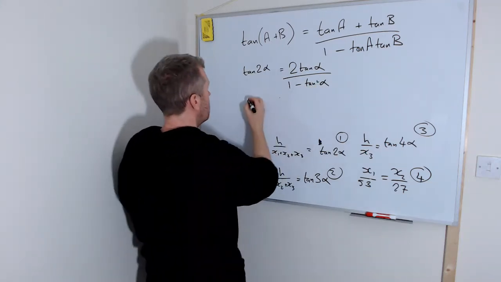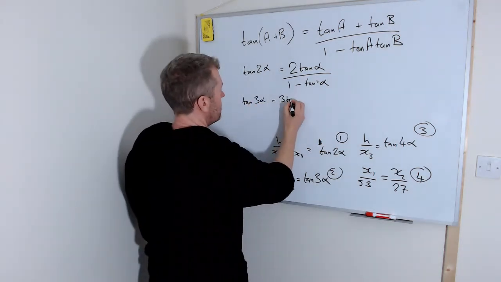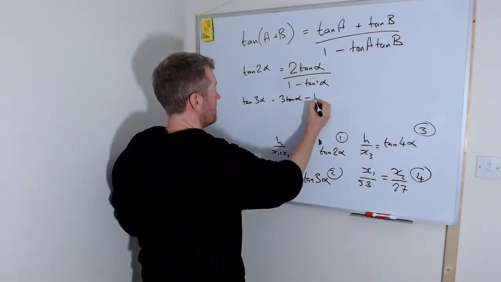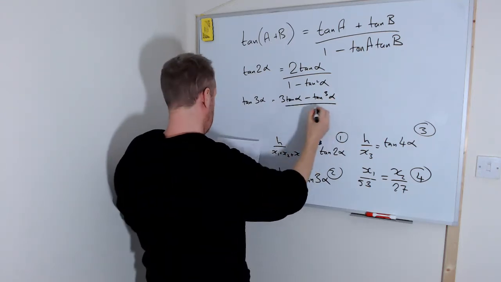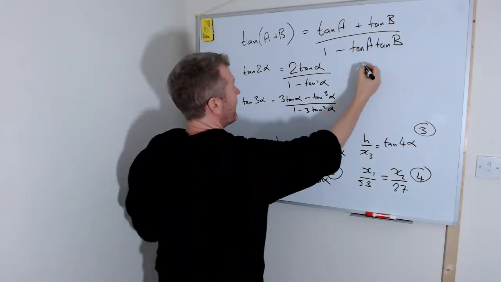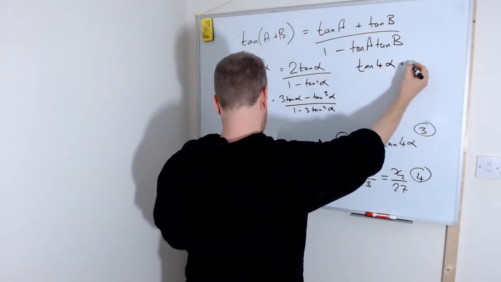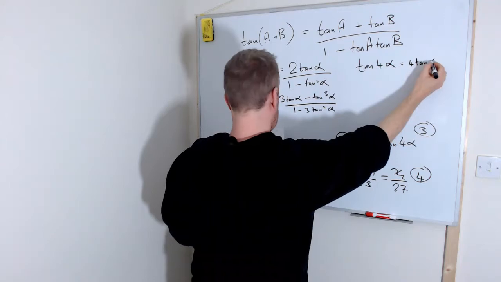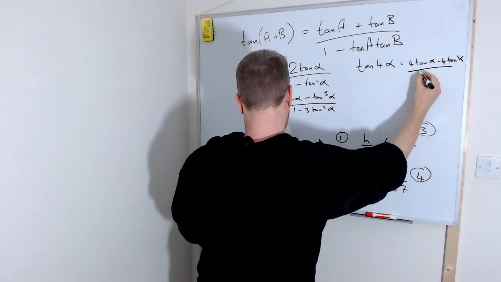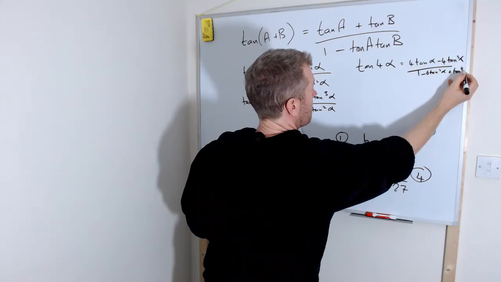Similarly, you can get tan 3 alpha is equal to 3 tan alpha minus tan cubed alpha over 1 minus 3 tan squared alpha, and then tan 4 alpha is equal to 4 tan alpha minus 4 tan cubed alpha over 1 minus 6 tan squared alpha plus tan to the 4 alpha.